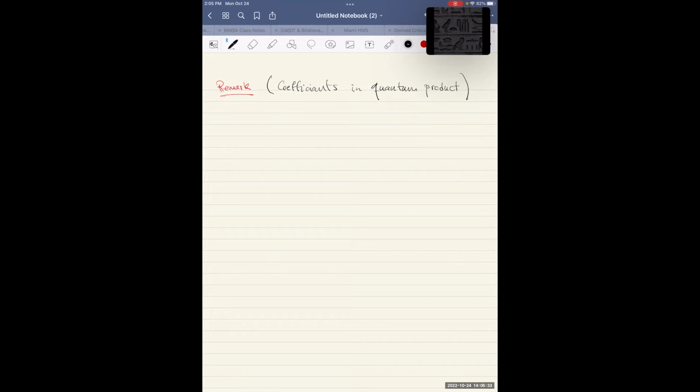So far we have used cohomology with C coefficients.